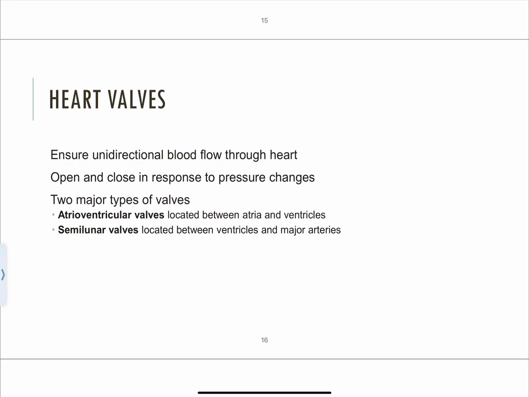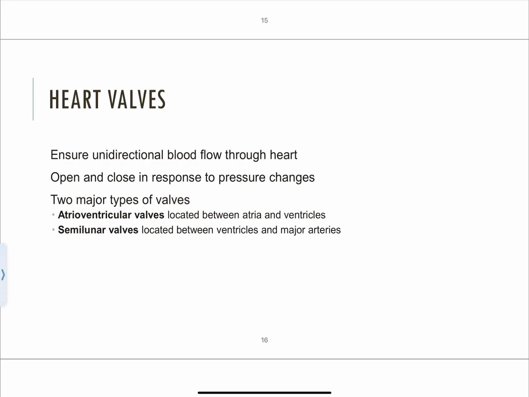So we have what are called atrioventricular valves. These are located between the atria and the ventricles. There is one between the right atrium and the right ventricle, and one between the left atrium and the left ventricle.